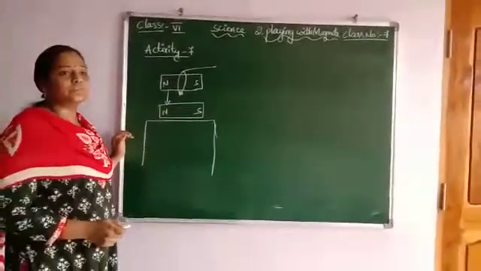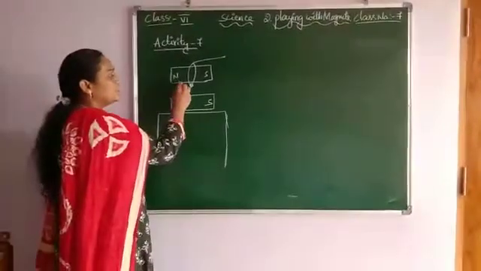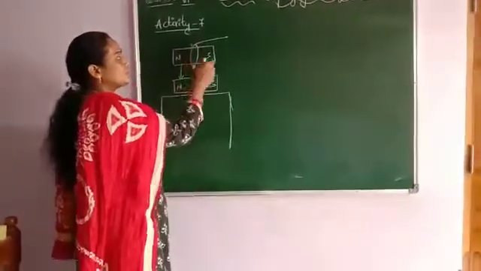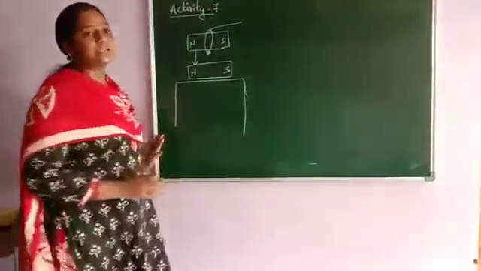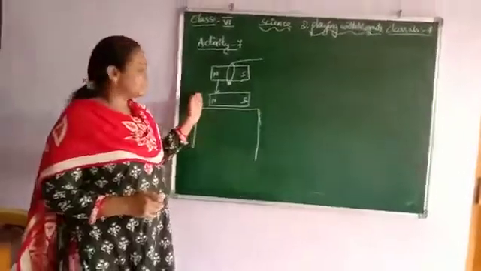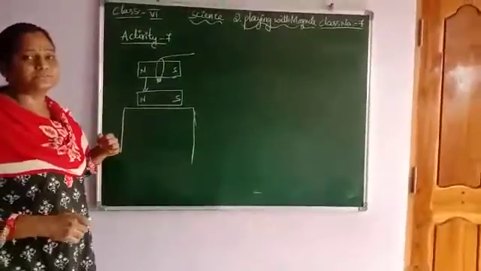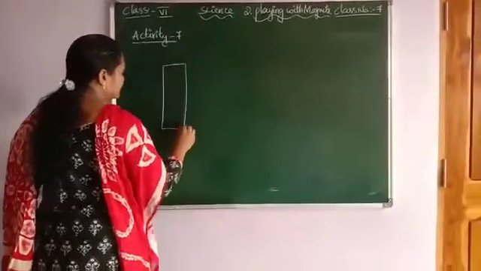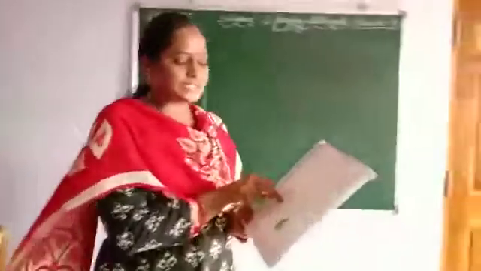But the north pole of the suspended bar magnet points towards the south pole. If the same poles are brought together, this magnet is going to revolve, and the south pole will come to the north pole position and they are going to attract each other. By this we can say that north pole and south pole are unlike poles. In the other case, with the suspended bar magnet, repulsion takes place.